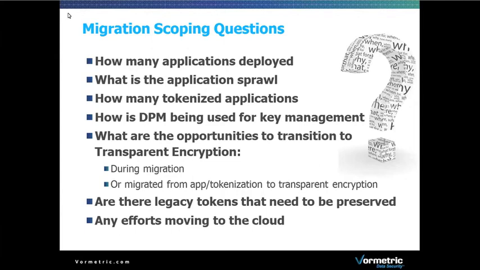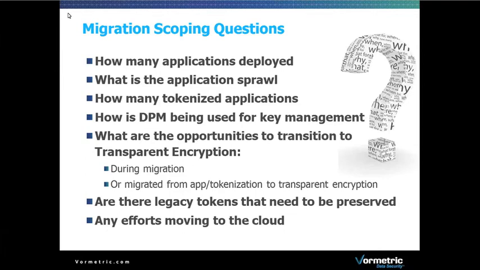I've seen and spoken with many customers where they've done some customization with encryption key and key management that we'll want to understand so that we can provide a path to continue to use those customizations and ensure you're able to get them over to our data security manager and continue from a business standpoint to use those applications that you may have highly customized with RSA DPM encryption.